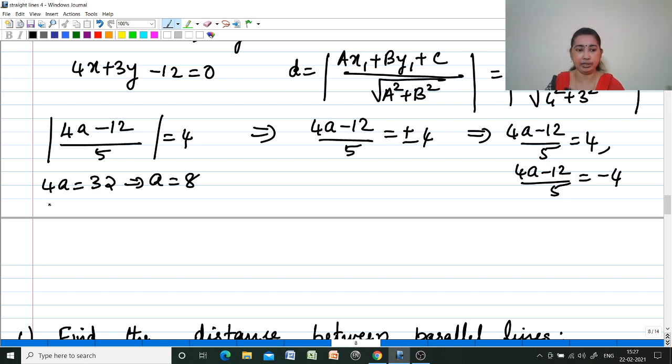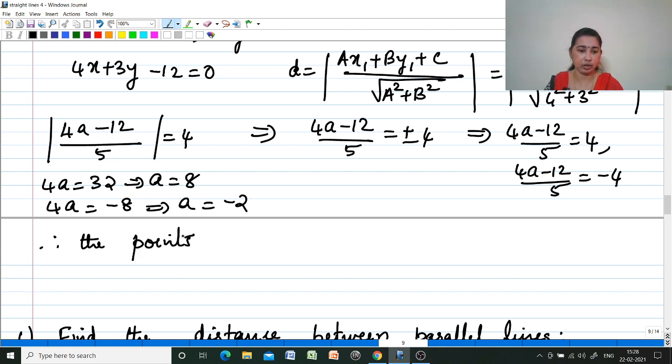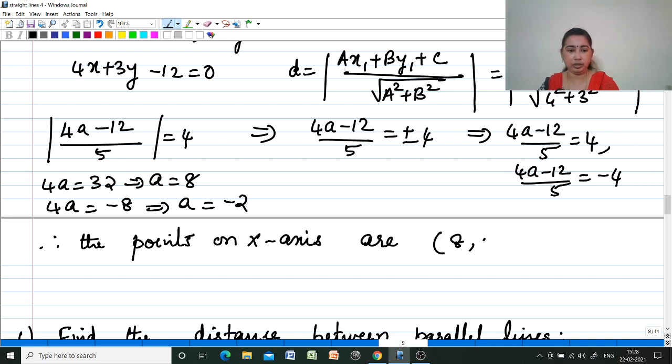And from the second one, 4a is equal to minus 20 plus 12, that is minus 8, or a is equal to minus 2. Therefore the points on the x-axis are (8, 0) and (minus 2, 0).